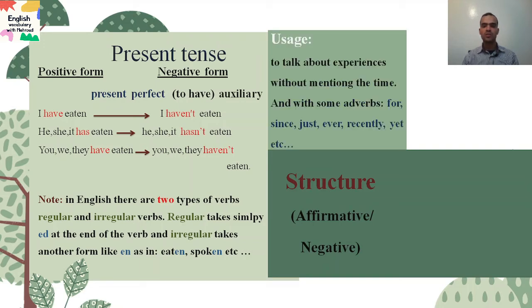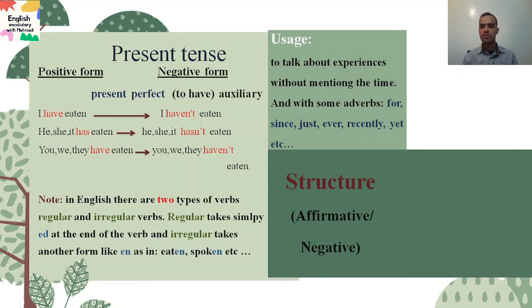Now let's move on to the usage of the present perfect. The present perfect can be used to talk about experiences without mentioning the time, and with some adverbs like for, since, just, ever, recently, yet, etc. The first one: to talk about experiences without mentioning the time.